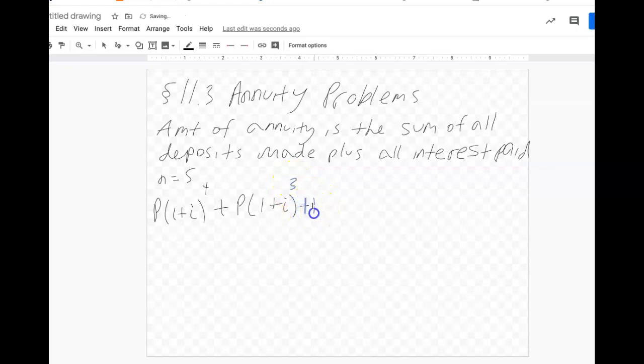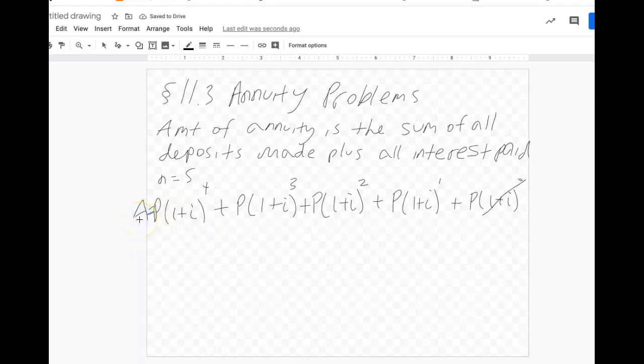So we'll have (1 plus i) to the 1, and then P times (1 plus i) to the 0. This is going to cancel to 1, giving us our P. It looks a little backwards, but this is what the annuity would be for 5 payment periods.